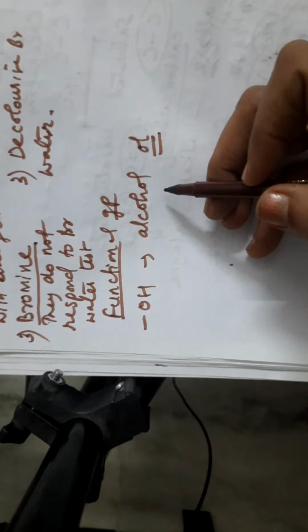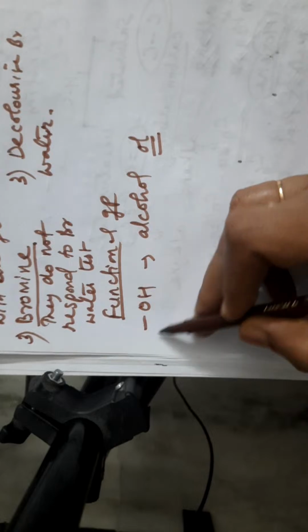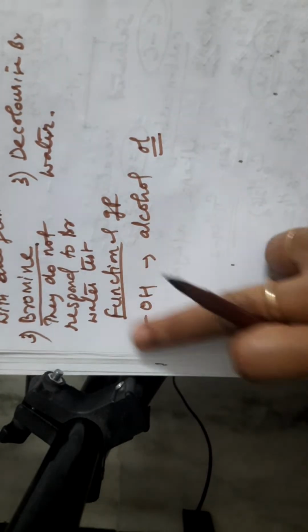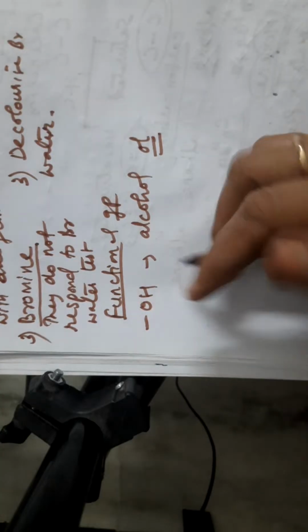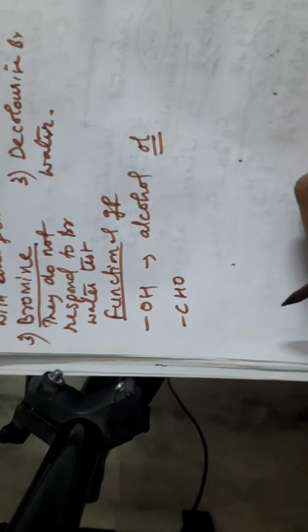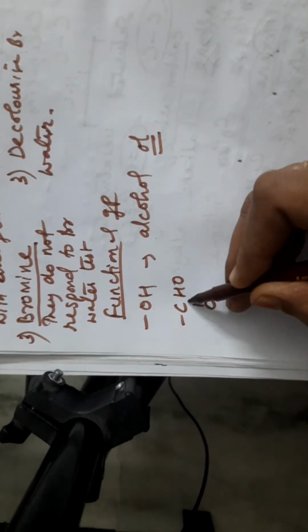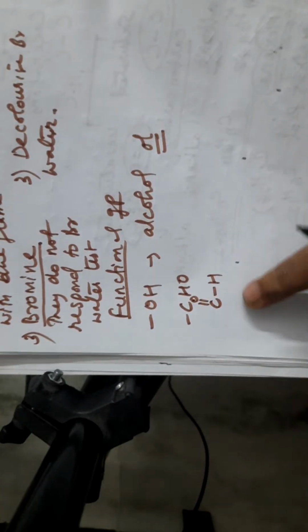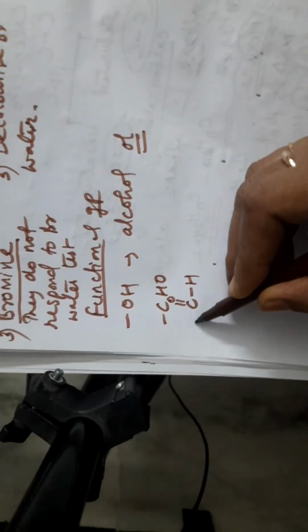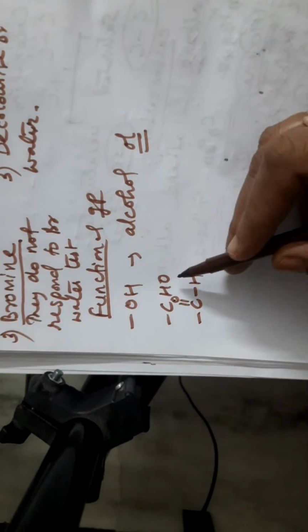OH, alcohol. When you represent the bond, you need to make the carbon with 4 valency. If OH is there, the single bond representation is sufficient. The next one is CHO. Either write down CHO, or if you are representing bonds, C double bond OH. So here it is an incomplete representation. 1, 2, 3. You need to represent one more bond to make the carbon with 4 valency.